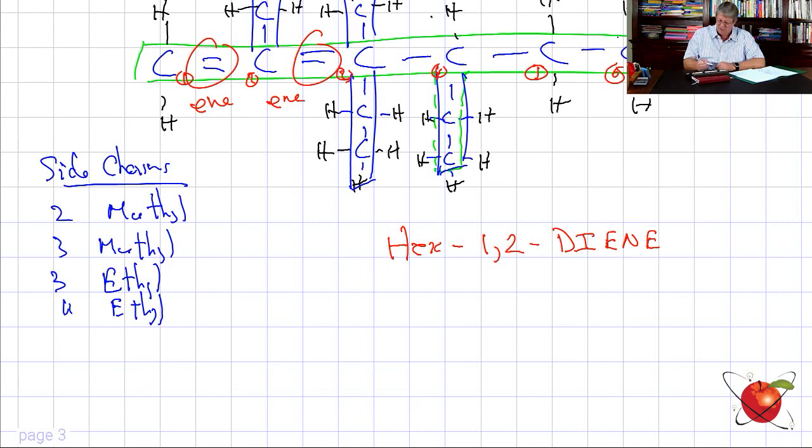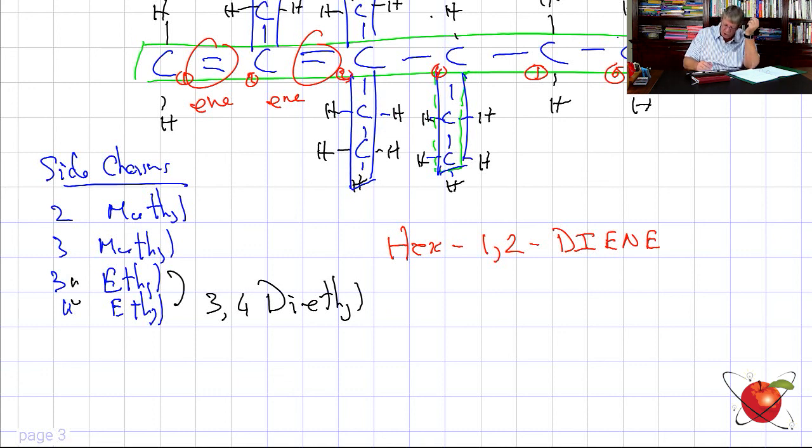Okay. Now I have to put the side chains in. There's a rule for this too. You put them in alphabetical order. So it's 3,4-diethyl, because on 3 and 4, I've got one. You have to tell me where everything is. On 3 and 4, and there's 2 of them. They're not on the same one.